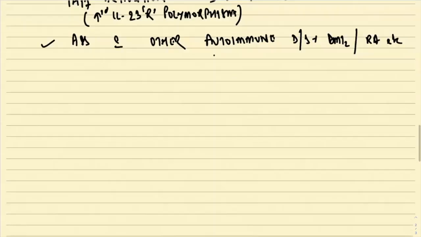So the second important pathogenesis that leads to inflammatory bowel disease is autophagy. Do you remember autophagy? This was discussed in the previous lectures that I had already taken in general pathology. Can anyone tell me what is autophagy? It is also called self-eating. So what is the importance of autophagy?